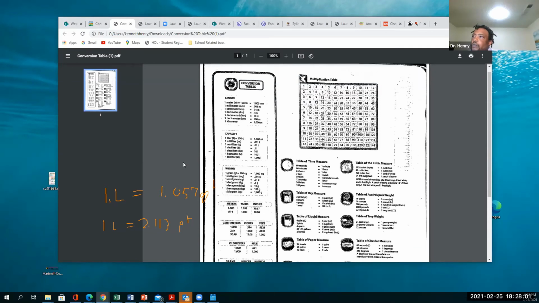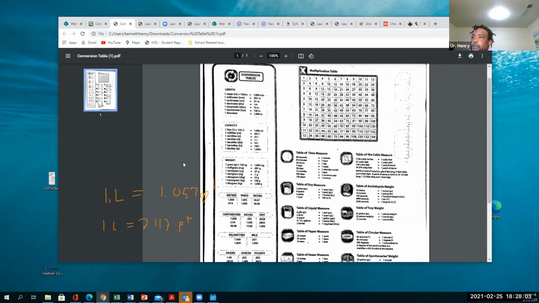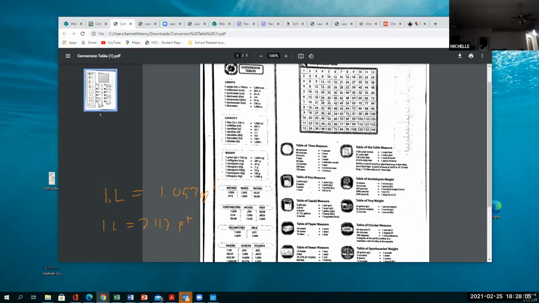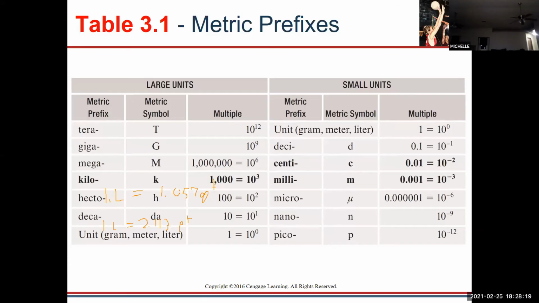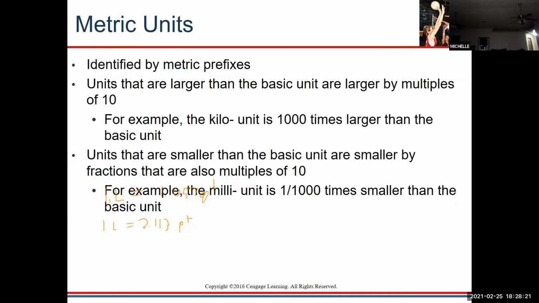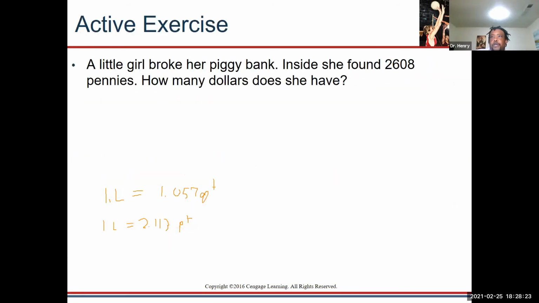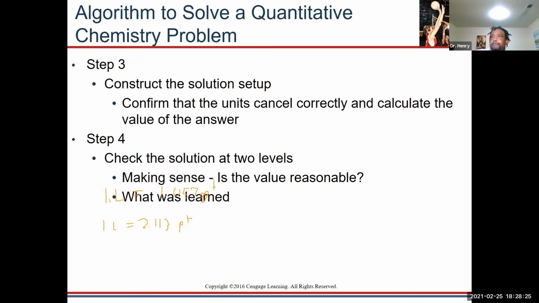Okay, so let's talk about some units. So you guys are familiar with the metric system?